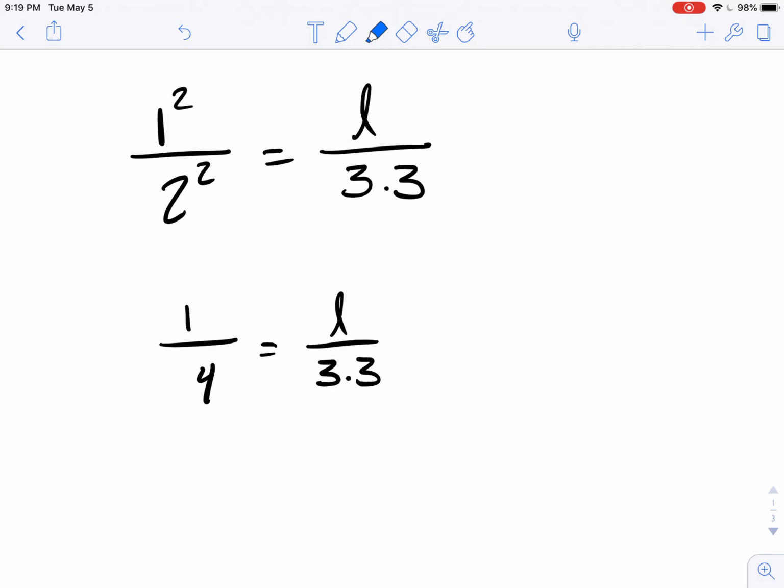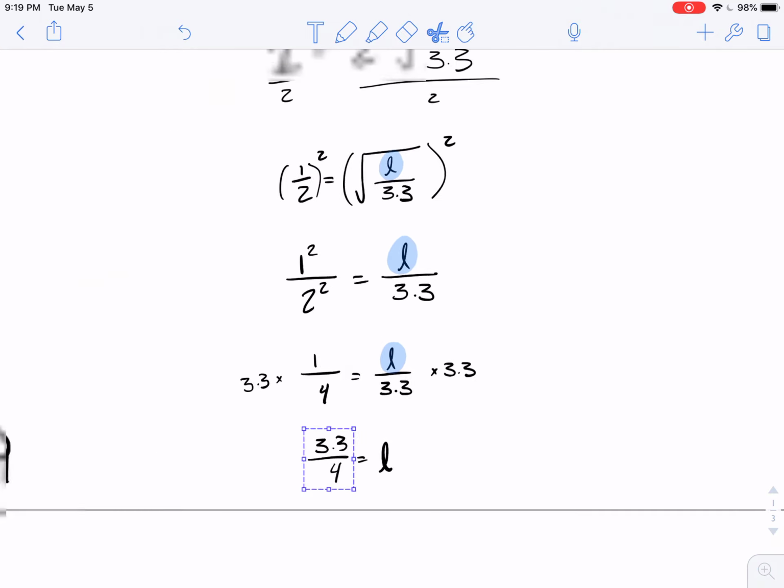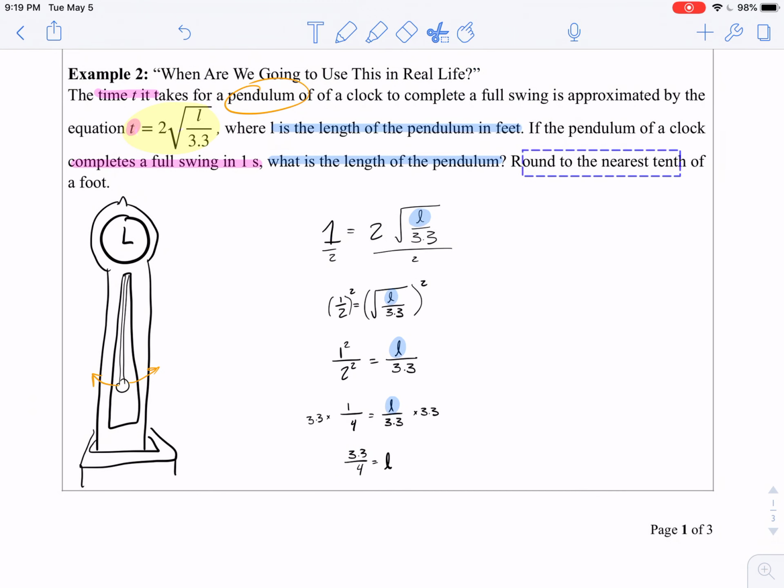Now we're almost done. Remember, we're trying to get this L all by itself. So to undo a divide by 3.3, we're going to times by 3.3 on both sides. And that gives us 3.3 divided by 4 equals L. Super. Except that's a gross fraction, and also they asked to round to the nearest tenth of a foot. So we're going to plug that into our calculator real quick.